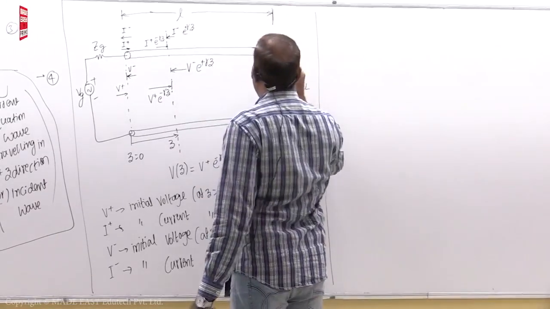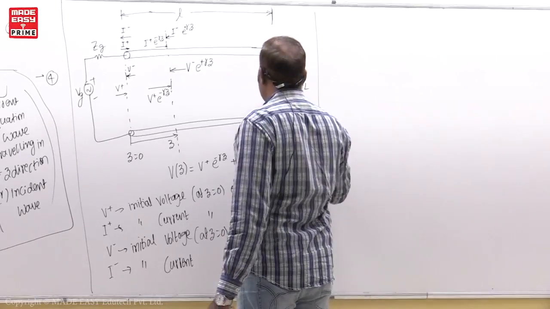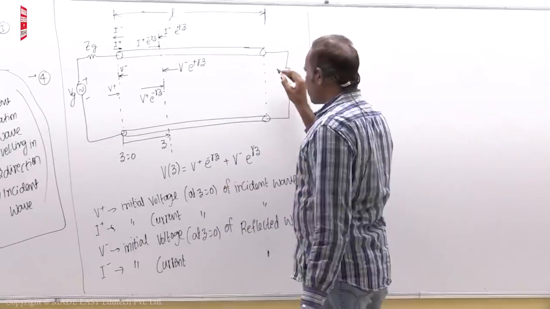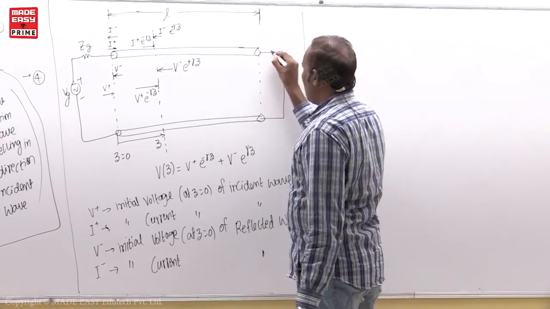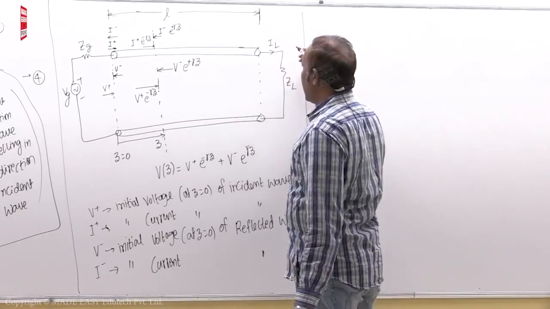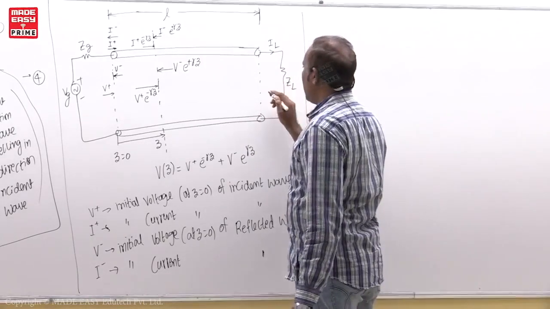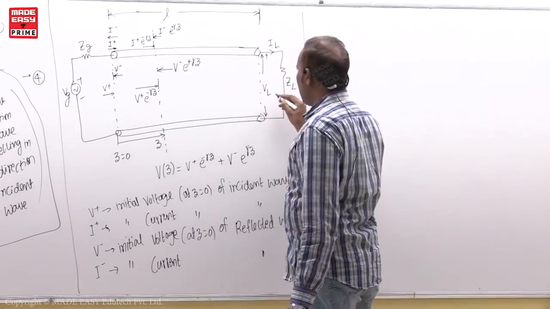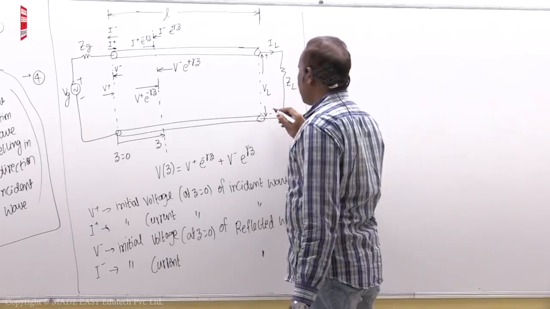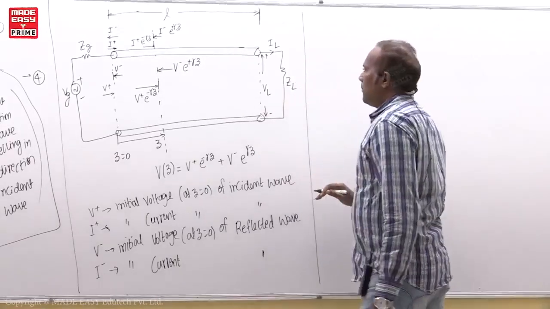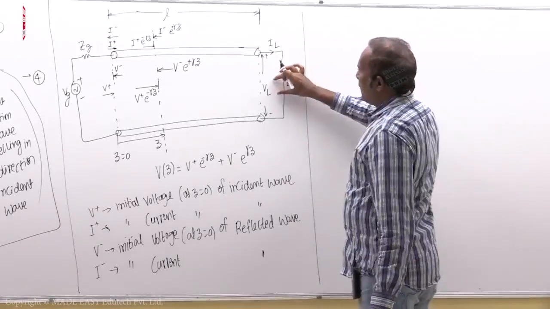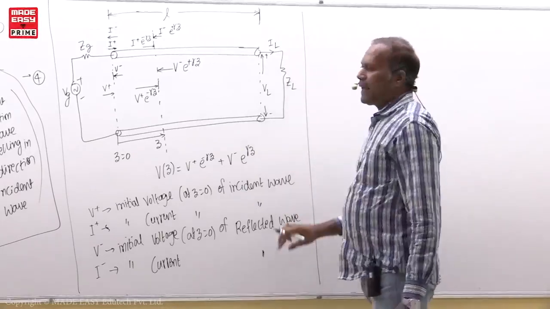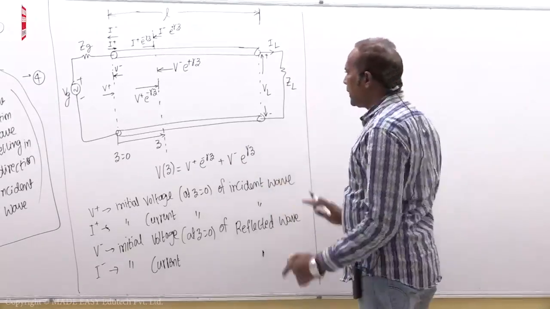Then at the load, the load current is IL, and the total voltage at the load is VL. The load voltage divided by the load current is defined as ZL. Let it be like that.